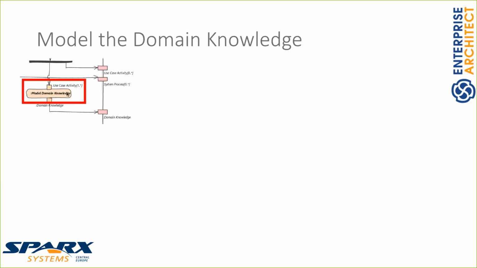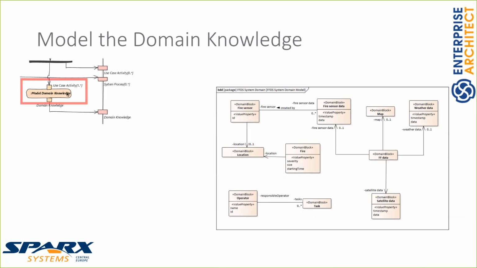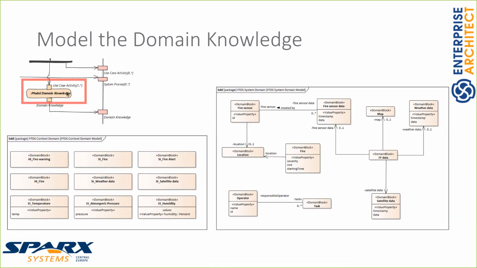All right. Domain knowledge defines the semantics and structure of the domain objects that are used by the system. Once you have identified the domain objects, you may move on to modeling functional architecture. That's an optional part, it's out of the scope.